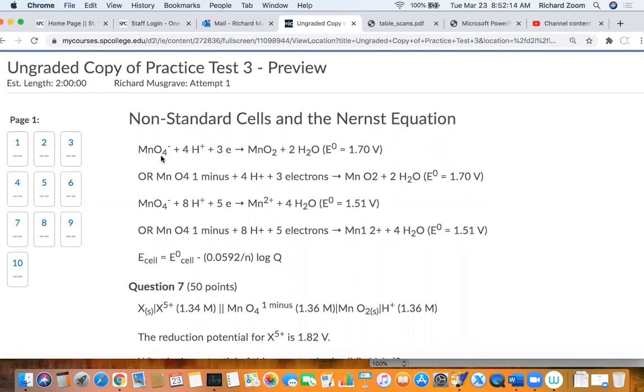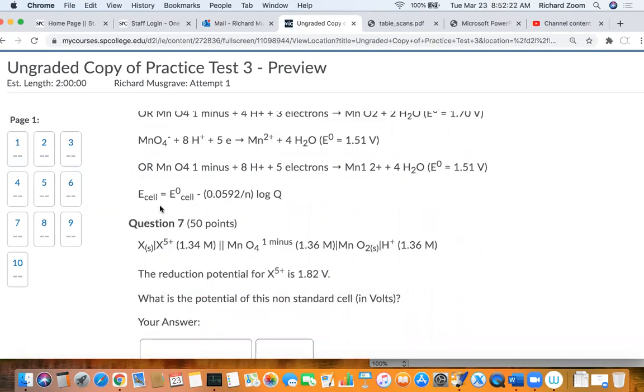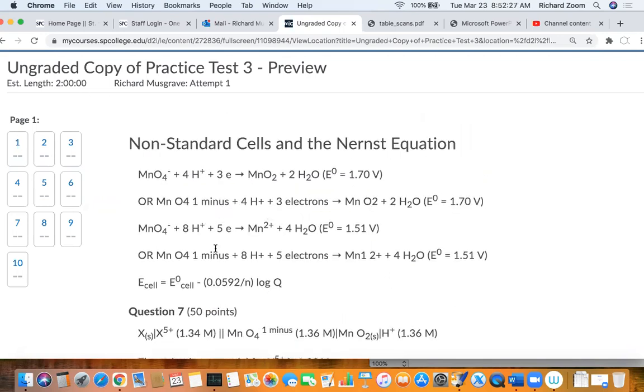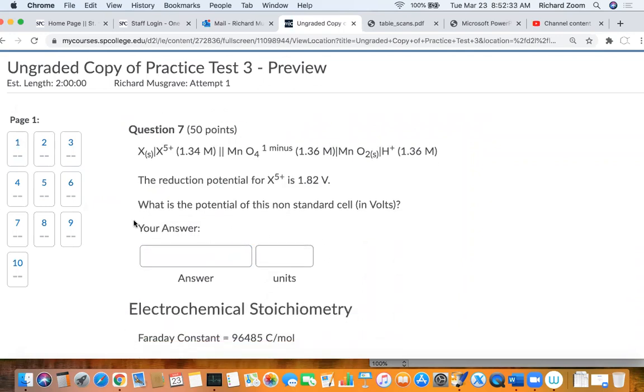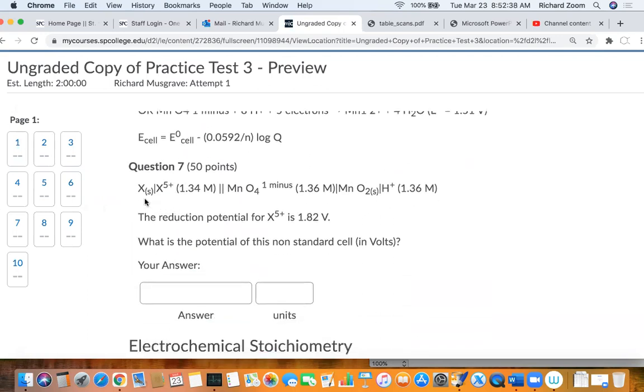Two reactions: MnO4- goes to MnO2 and MnO4- goes to Mn2+. I also give you the Nernst equation down here as well. This is in the ungraded copy of the practice test we're talking about. So all of these are set up in this context. This is the Nernst equation problem. And I give you this X, which is some sort of imaginary compound. What I tell you is the reduction potential for X5+ is 1.82 volts. So let me show you exactly what that means.